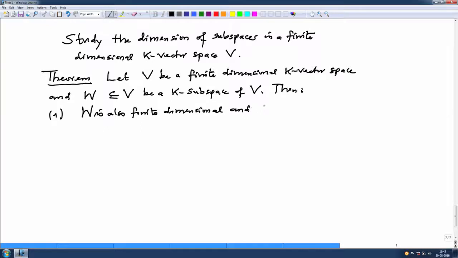And the dimension of W cannot be more than the dimension of V.